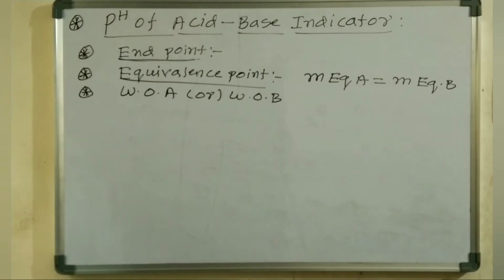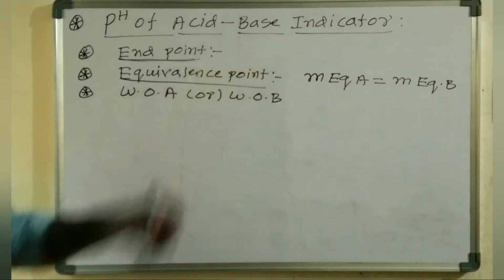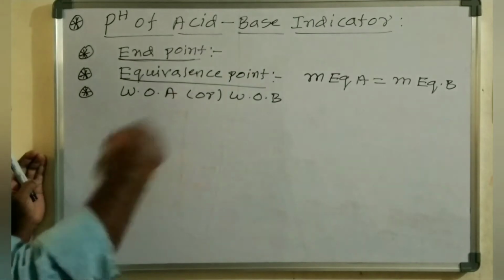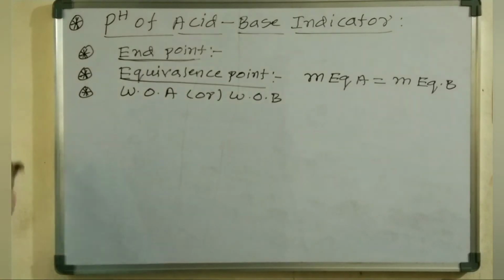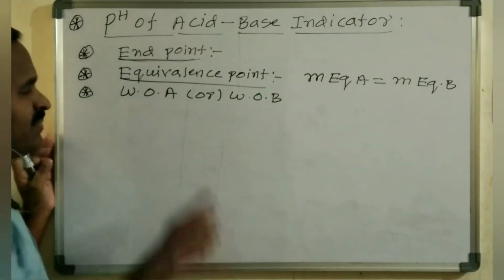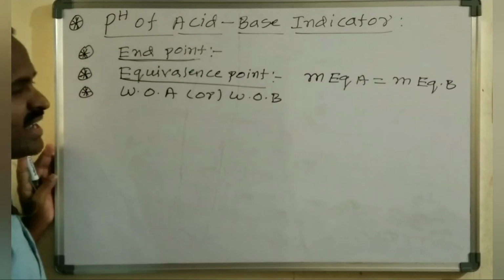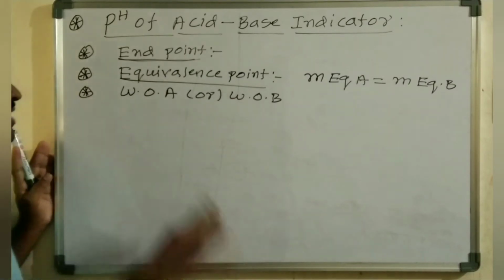As we all know, indicators are classified into two types: natural indicators and synthetic indicators. Synthetic indicators are generally weak organic acids or weak organic bases.